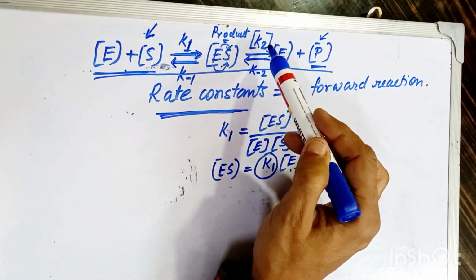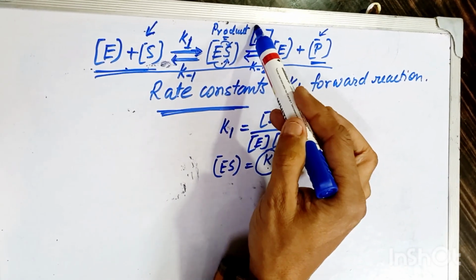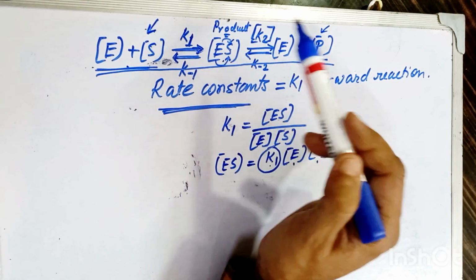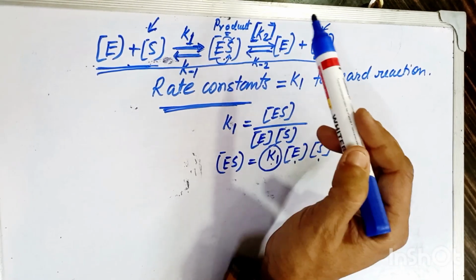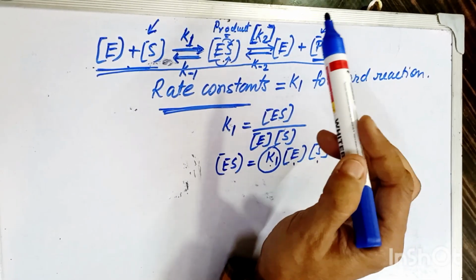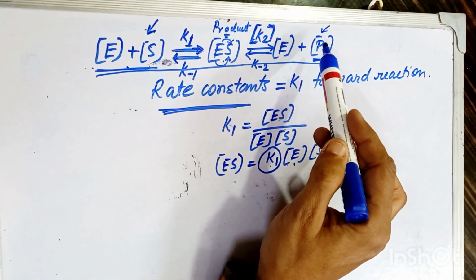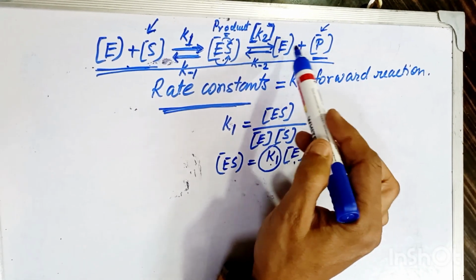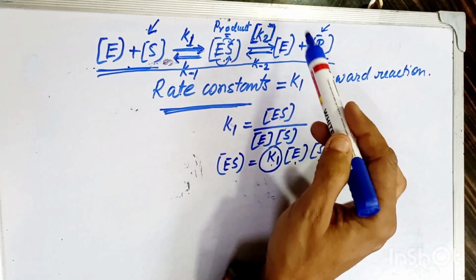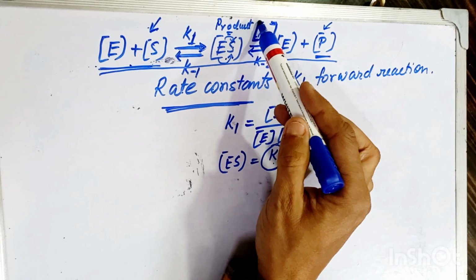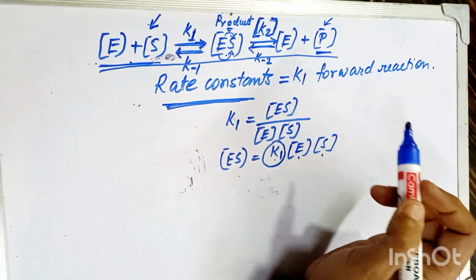The rate constant is, as I told you, the product by the reactant. So it will depend on this rate constant, the ratio of the product and reactant of this second reaction, and this is called the K2, and this rate constant is called the turnover number. The K2 tells us how fast the reaction is.